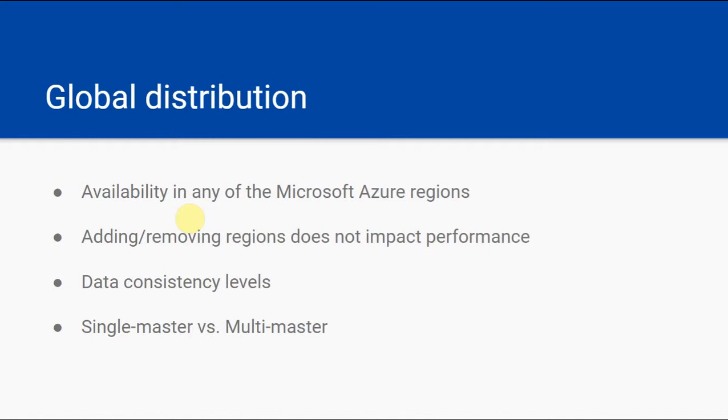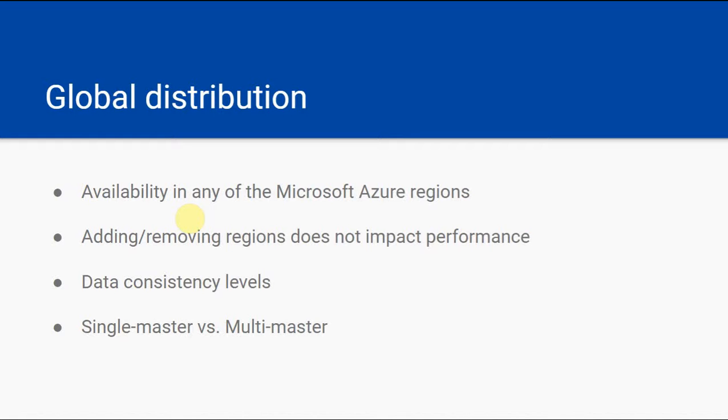And talking about distribution, Cosmos DB is available in any of the Microsoft Azure regions. Currently I think there are more than 50 regions across the world. So you have the ability to construct the database in any region that you want. As a developer, you want your data to be as close to the users as possible.